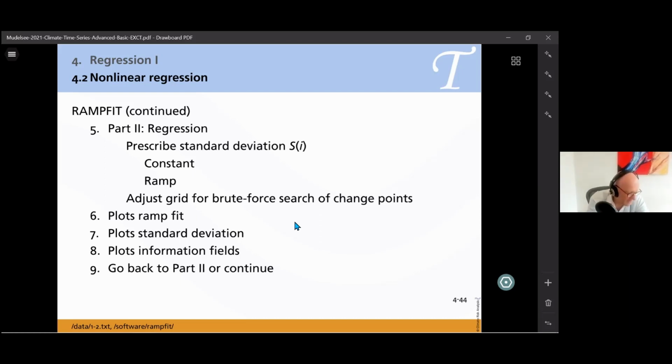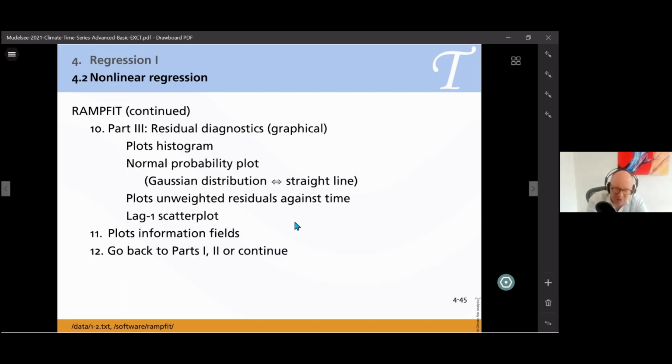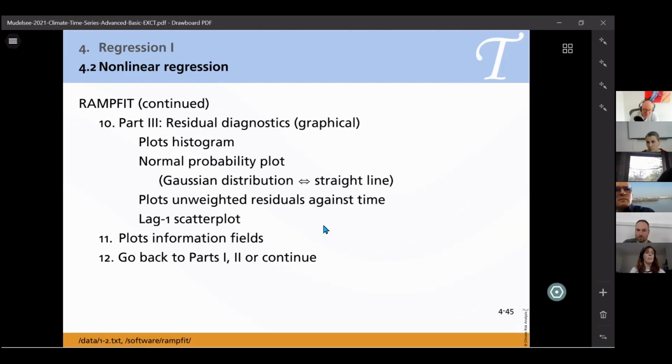Okay, then I did it for the first run, and then we proceeded. And in part 3, we had a look at the residuals, data minus fit. These are the residuals, the numbers which represent the noise component. And these numbers should look like what we assume.